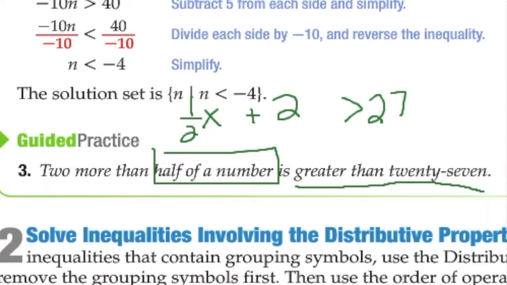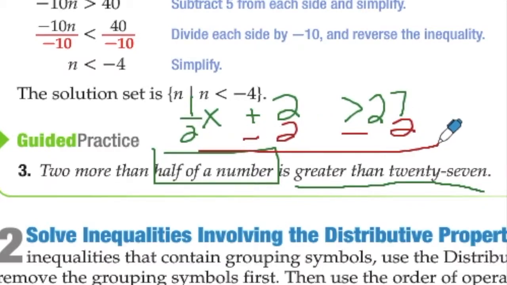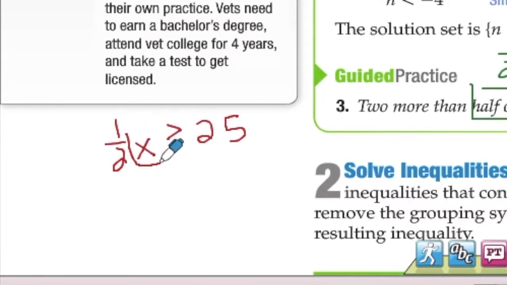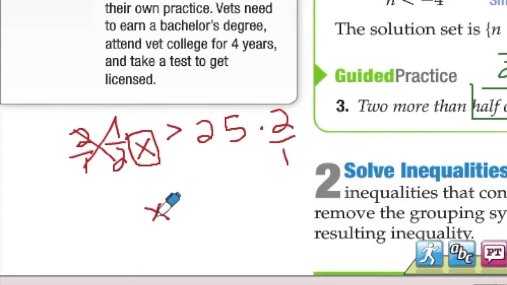In order to solve that inequality then, I'm going to subtract 2 from both sides, leaving me with 1/2 x is greater than 25. To isolate the variable x, we're going to multiply by the reciprocal, 2 over 1, and I get x is greater than 50.